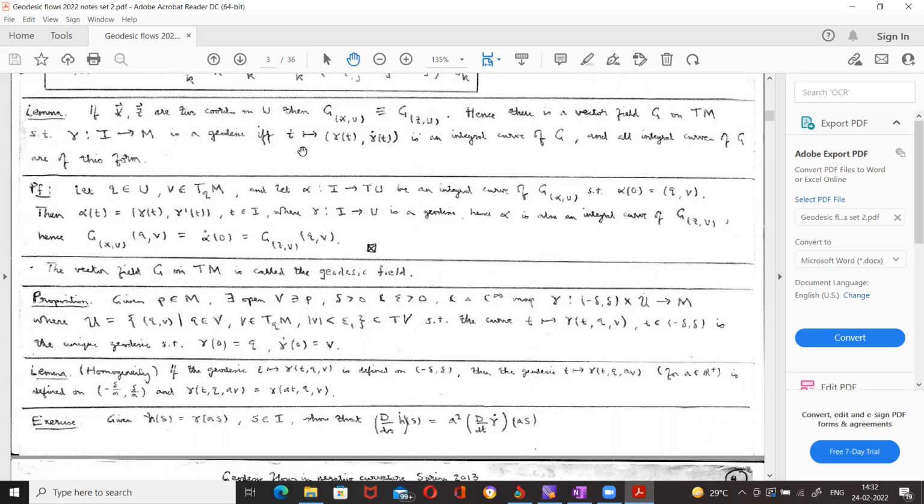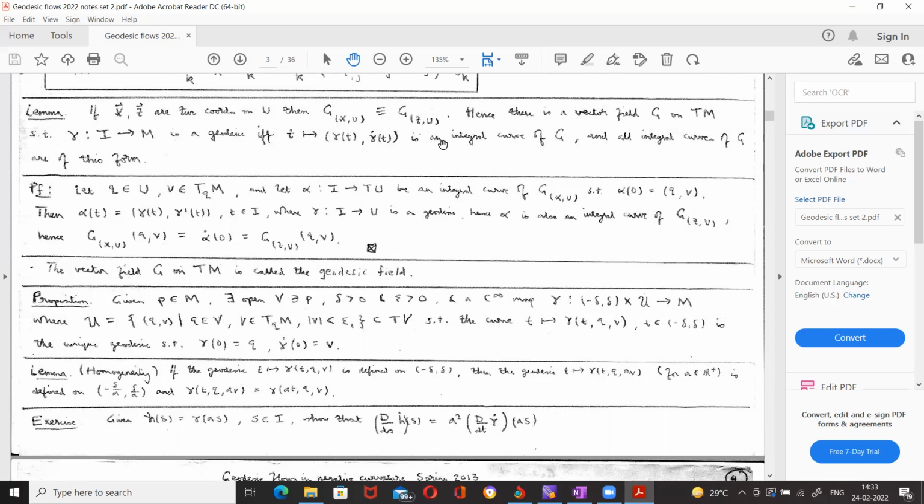If I have a geodesic below, then I have a natural lift to the tangent bundle, t maps to (gamma(t), gamma prime(t)), right?